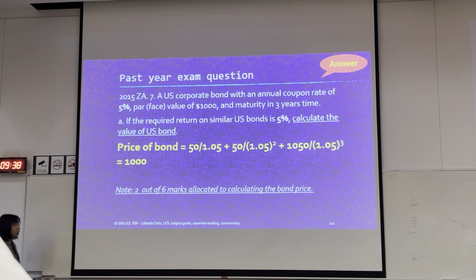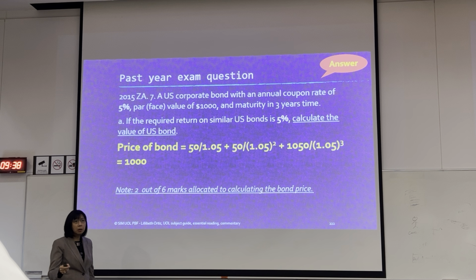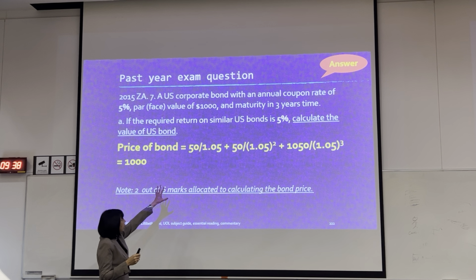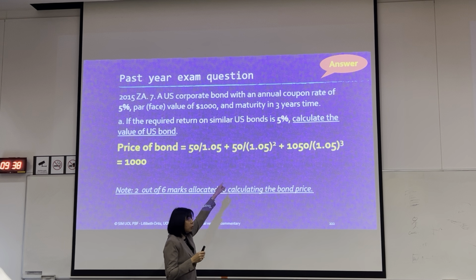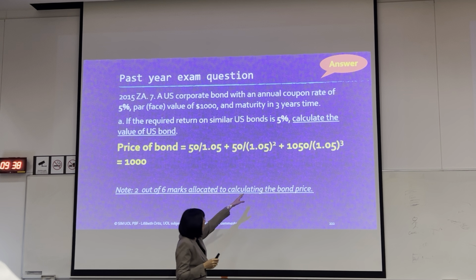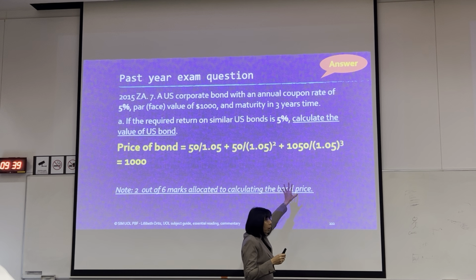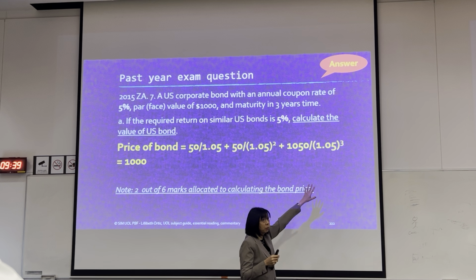So 5% coupon, 5% times 1,000. Every year you get $50. The first year you get 50, the second year you get 50, but you have to discount it twice. Then the last year you get 50 and the face value of 1,000, and you discount it for the 3-year time period.